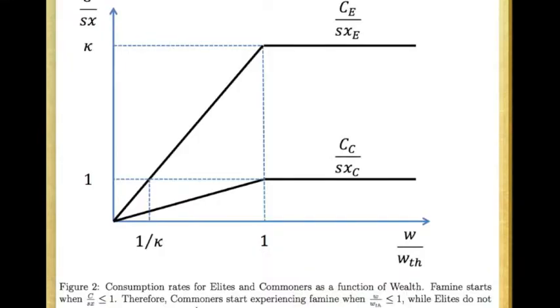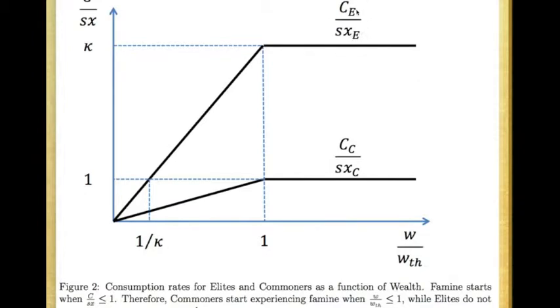Let's take a look at how these consumption rates look, and what you'll see here is something very, very similar. Again, we have these plotted as a function of this ratio of wealth to minimum wealth. What you have is that the commoners, if you have plenty of wealth, will consume simply at this ratio, which is 1. So the consumption will be simply equal to salary times the number of people in the commoners cohort.